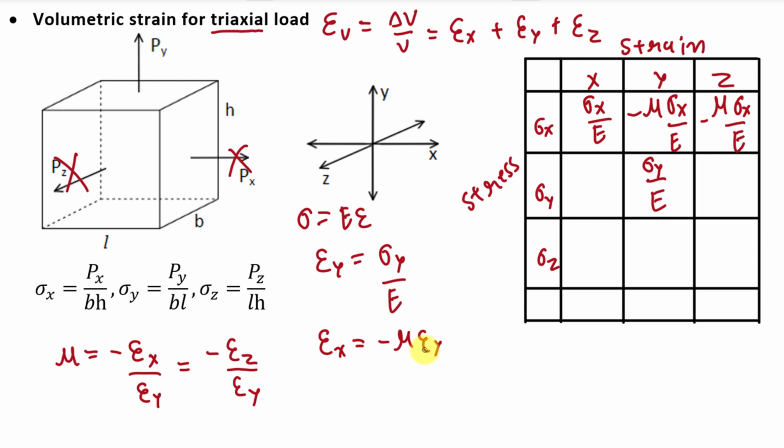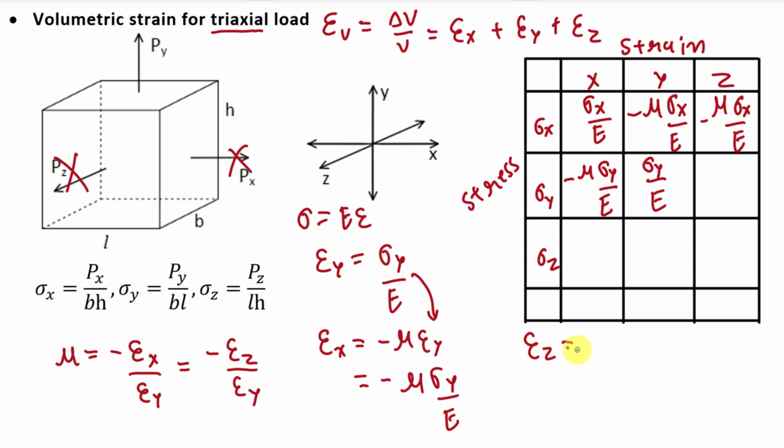And here we are going to put the value of epsilon y from here. So it will be minus mu sigma y divided by E. So this is going to be the value of strain in x direction due to stress sigma y. And similarly from here, what will be the value of strain in z direction?